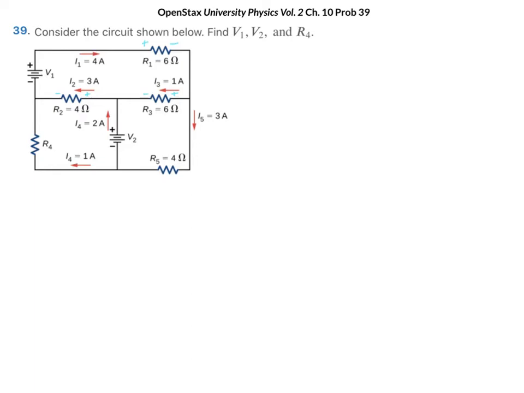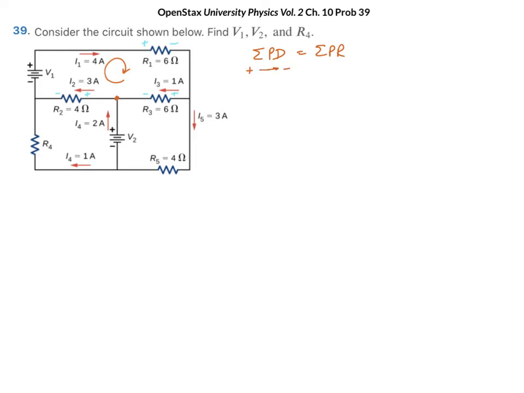So the next thing I want to do is go around the loop, and I'll just go around in this direction. Let's say that I'll start here and write that sum of the potential drops is equal to the sum of the potential rises. So that is Kirchhoff's loop rule. Potential drop means that I'm going from a higher potential to a lower potential through a circuit element.